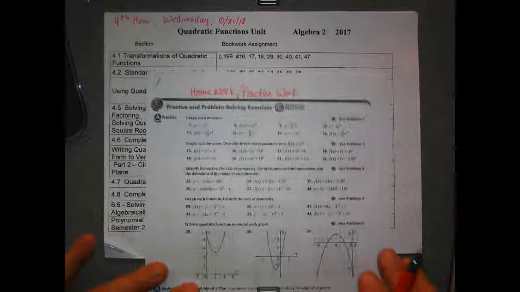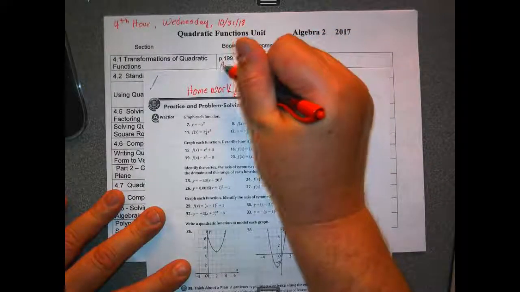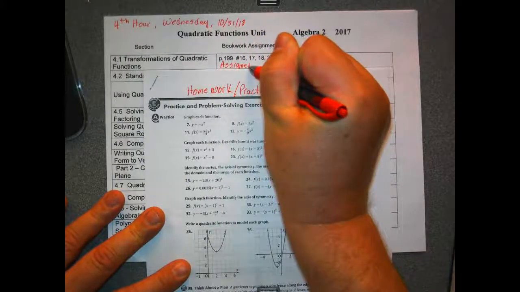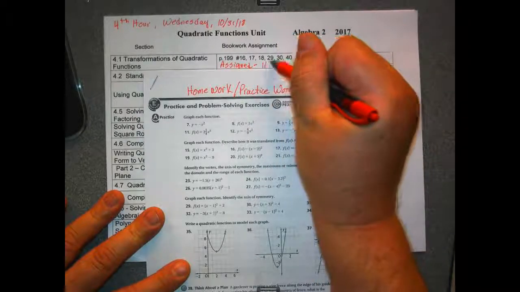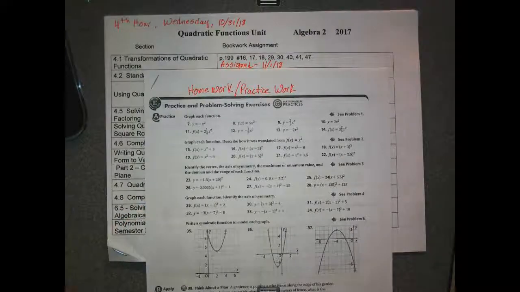Okay, so today you are supposed to do page 199. Numbers 16, 17, 18, 29, 30, 40, 41, and 47. Now I believe 40, 41, 47, it says the graph.